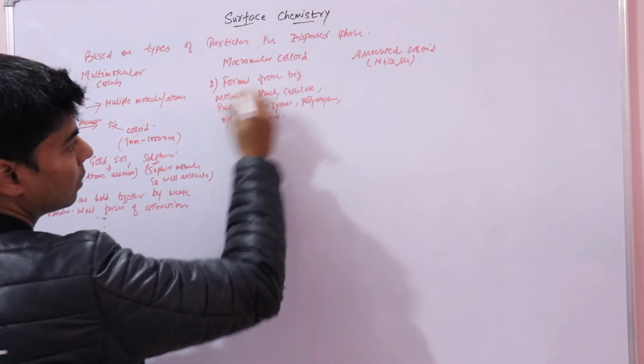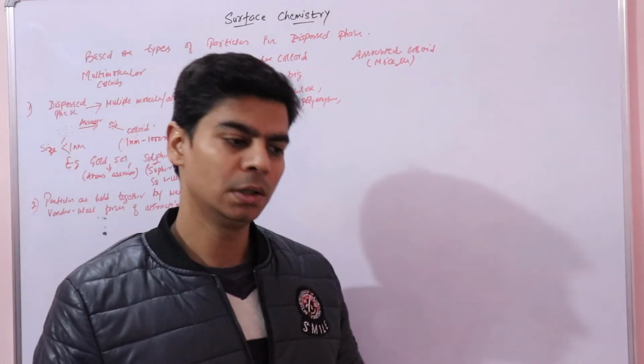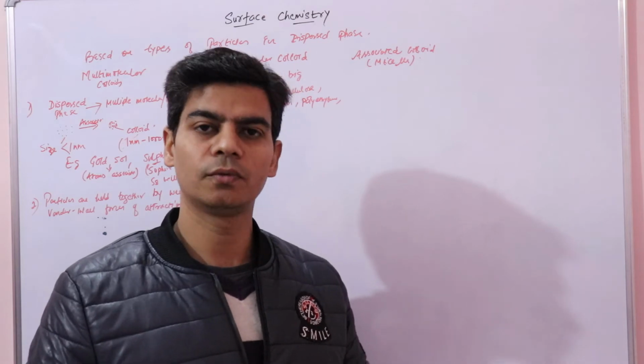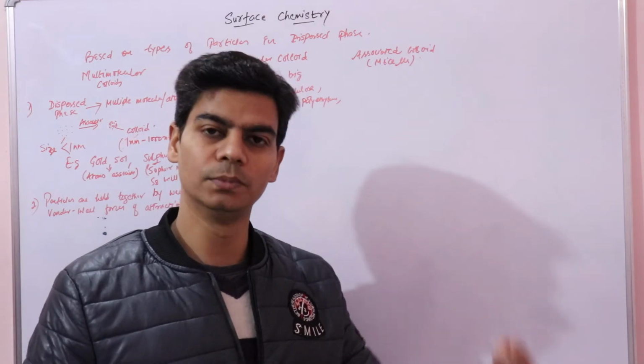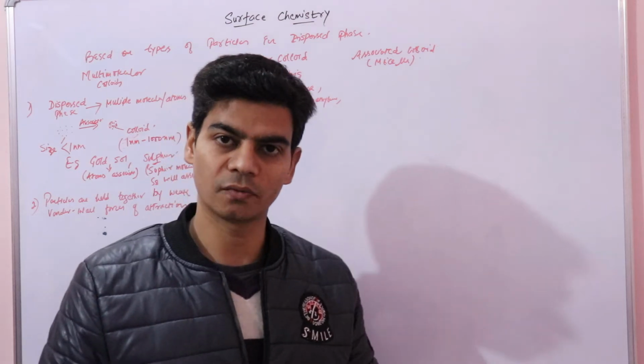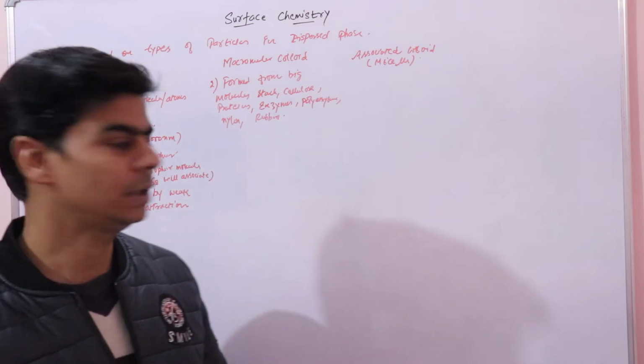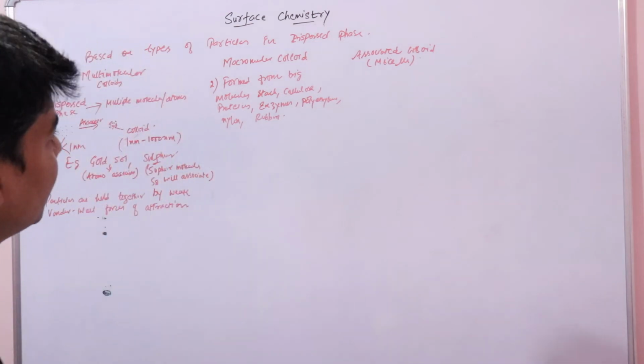All these big molecules or macromolecules, when dissolved in a suitable liquid, will form a dispersed phase which consists of particles of this range, 1 nanometer to 1000 nanometer.